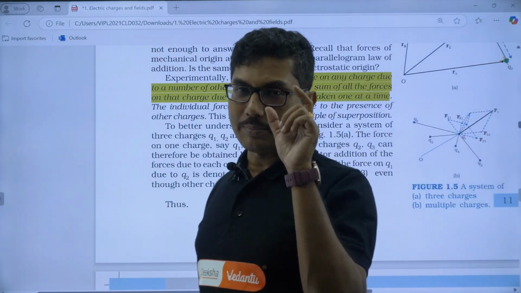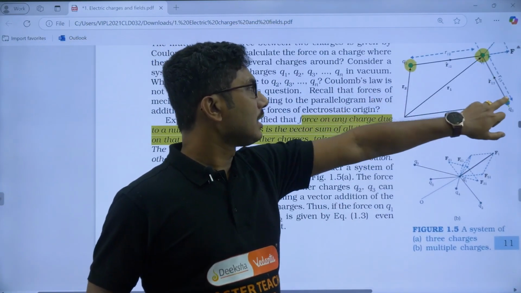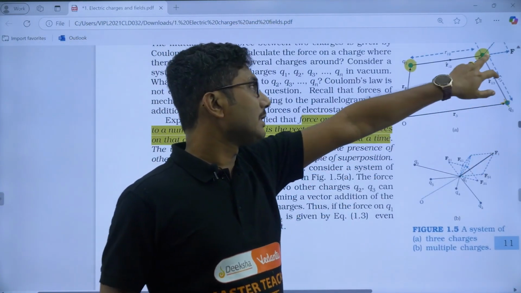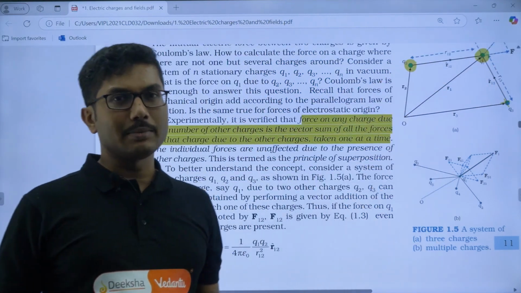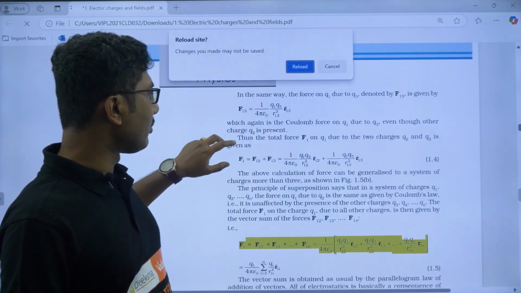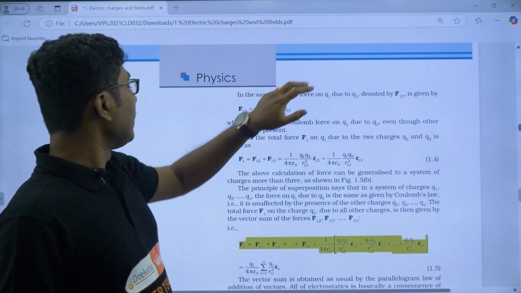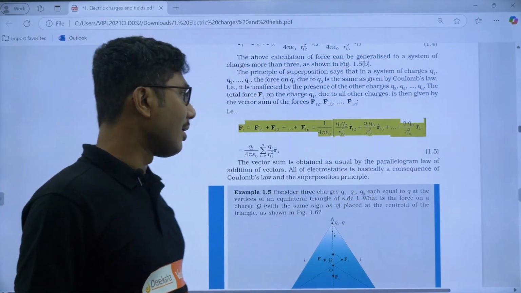So first you will consider Q1 and Q3, next you will consider Q1 and Q2, then you will add them vectorially. Vector addition is important, and since you cannot consider all of them at a time, you add them one by one.